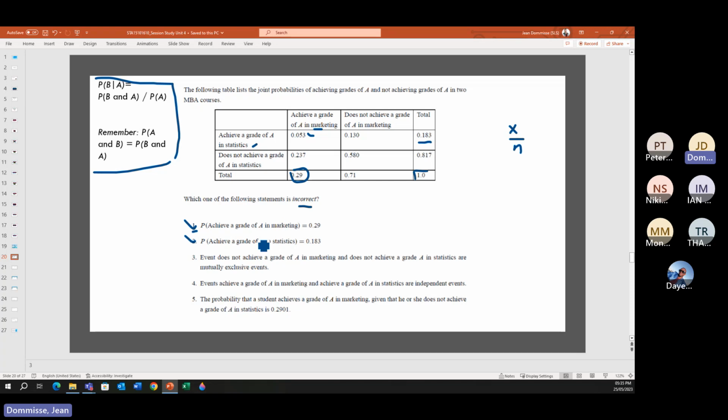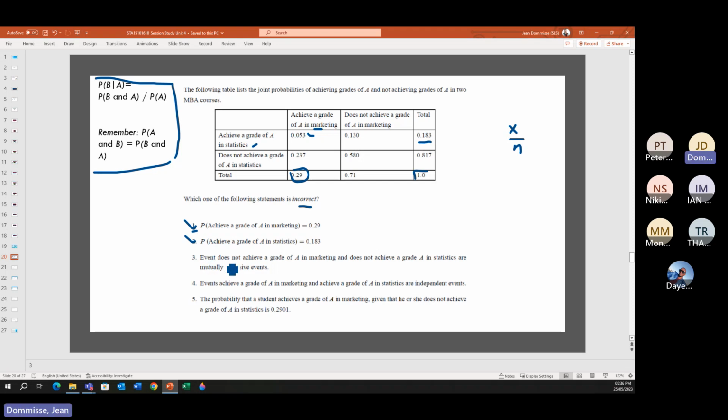Okay, so now they're starting to ask different things. As you can see, it's not just a straightforward work this out. Let's just read: the events does not achieve a grade A in marketing and does not achieve a grade A in statistics are mutually exclusive events. Okay, so look at that question.